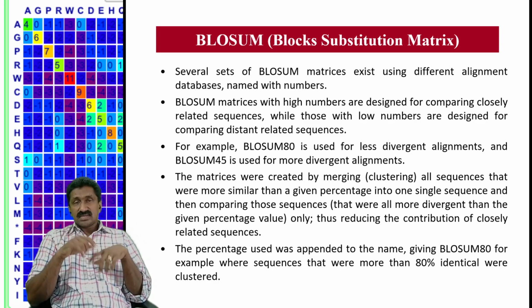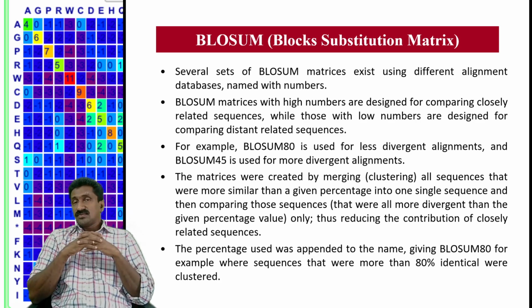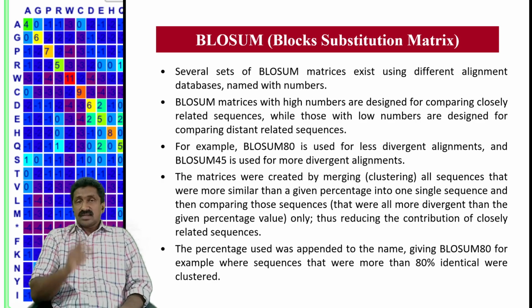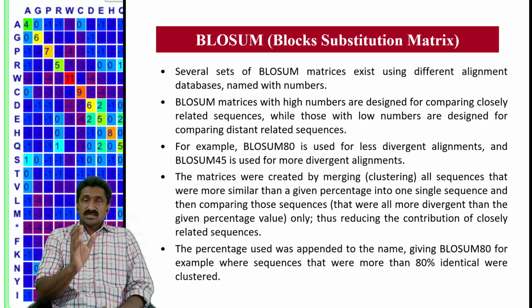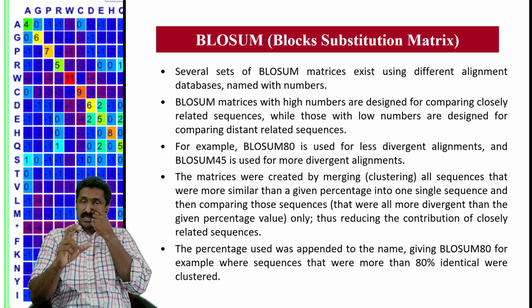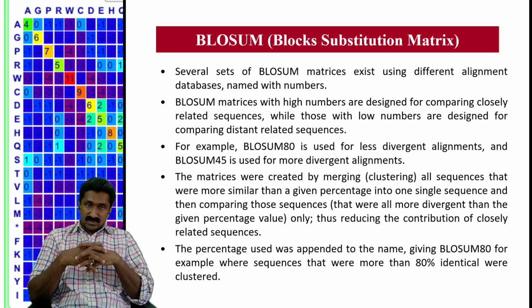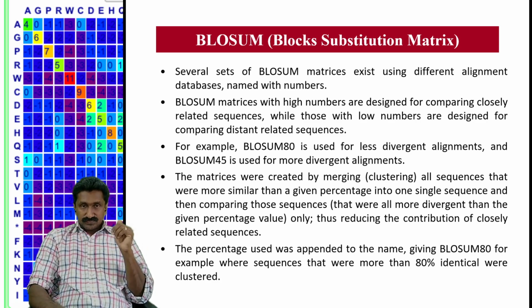But if your matrix is generated with sequences of only 45% identity in the block, then that is BLOSUM 45. That number means the matrix is generated with sequences of more than 45% similarity, that is, with more divergent sequences. So it will be more relaxed if you bring down the BLOSUM score.